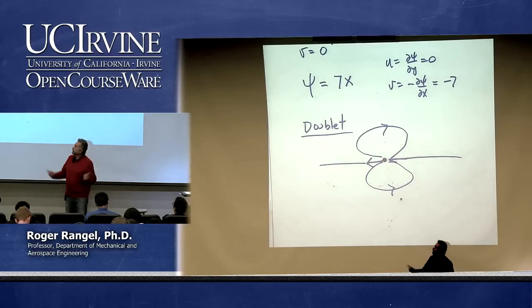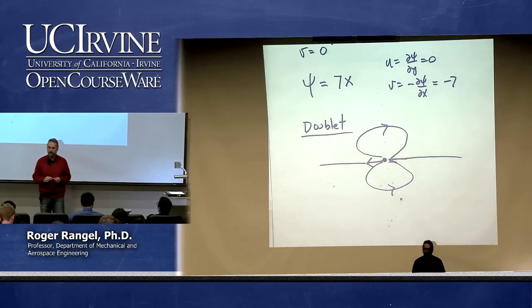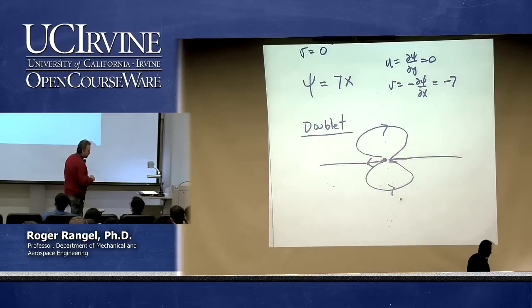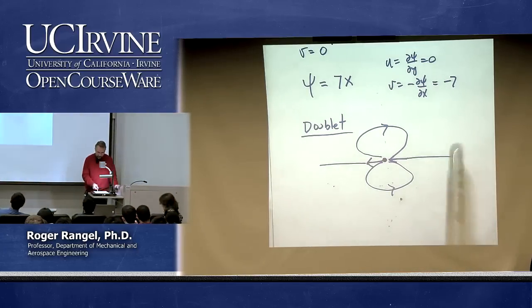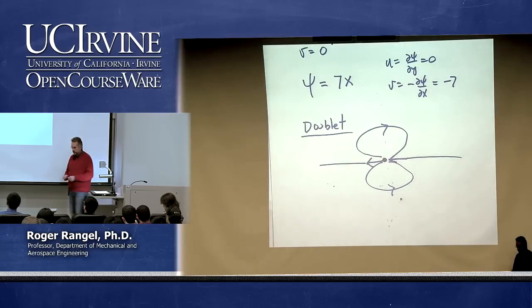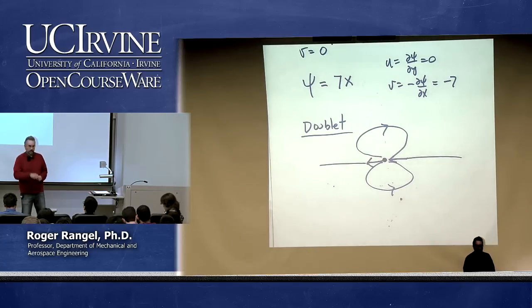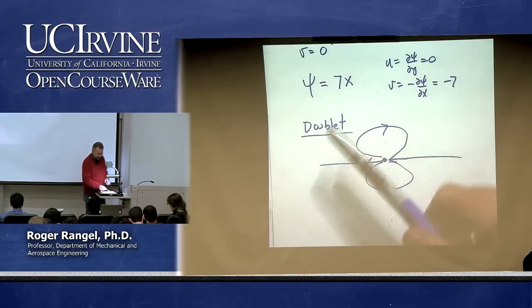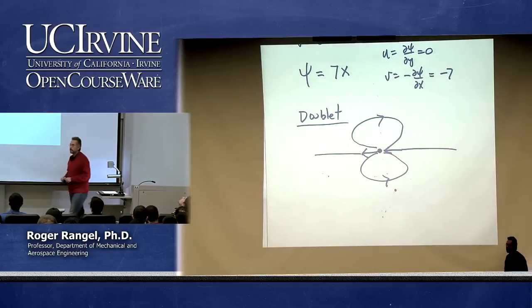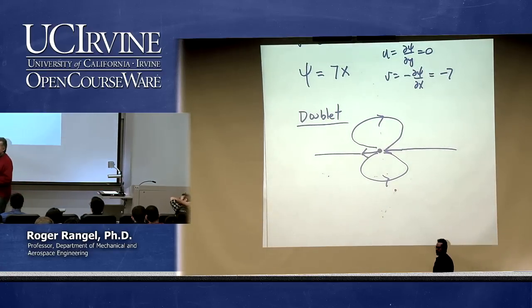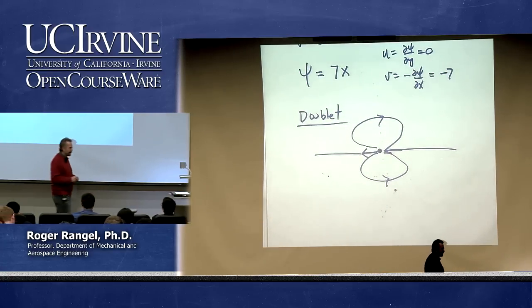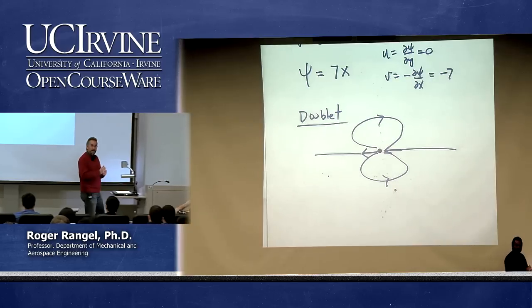What does that doublet represent? A cylinder moving from right to left, right? So when I added the uniform flow to this, in which direction did I add it? I have to add it from left to right, otherwise I don't get the steady cylinder.